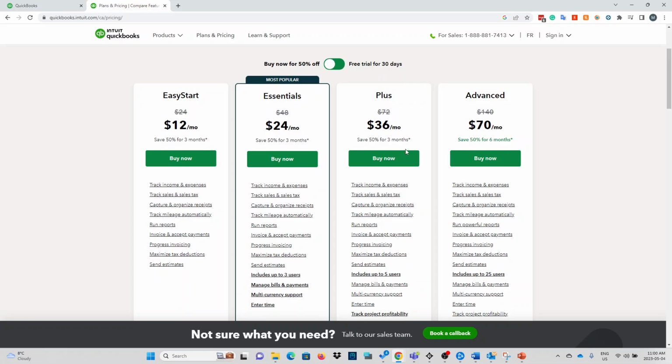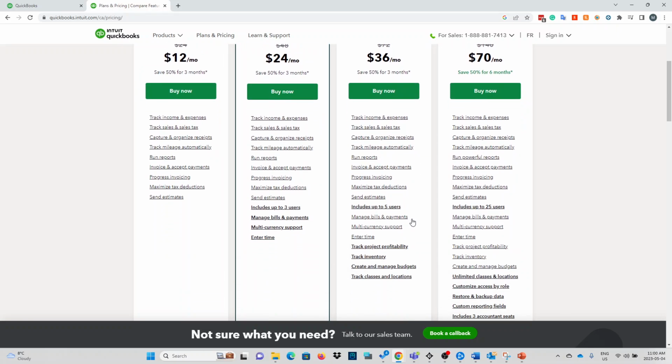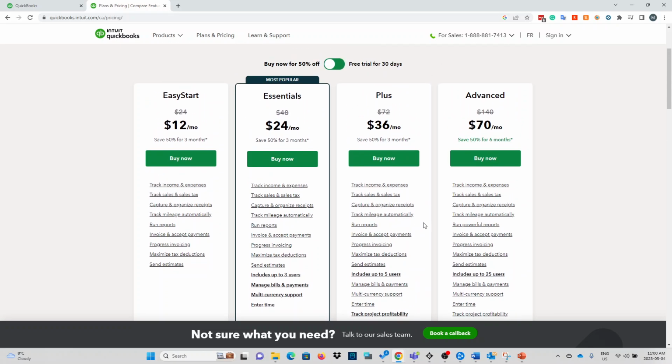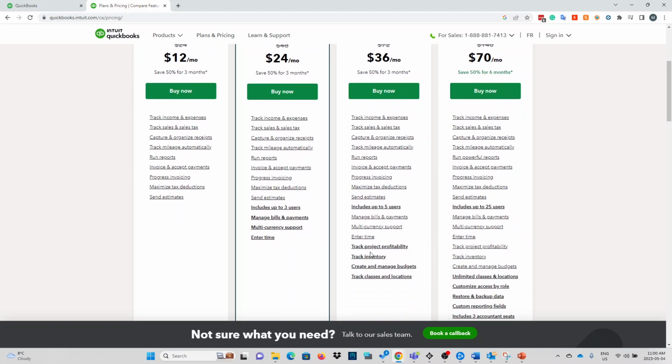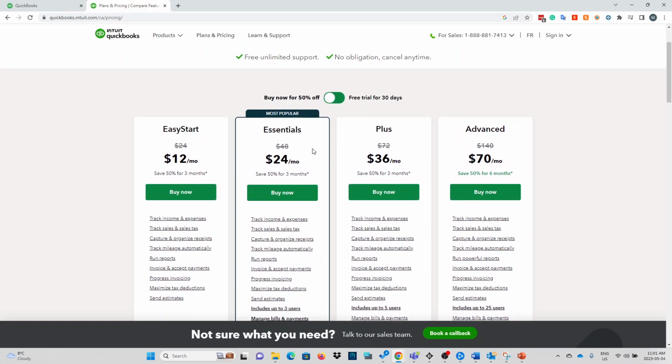What about the Plus plan? The difference between Essentials and Plus is that this is more for when you're making a good deal of money. You're actively growing.